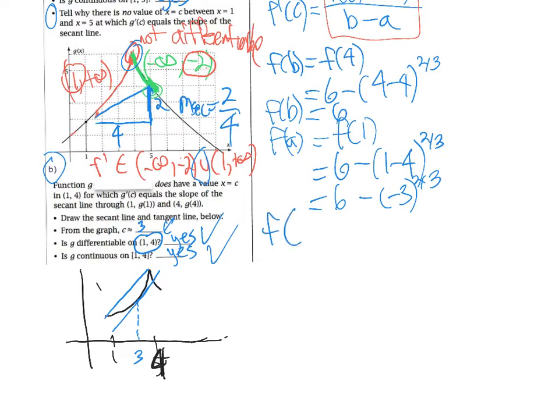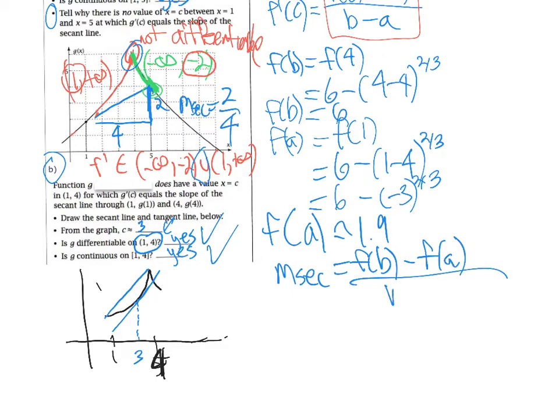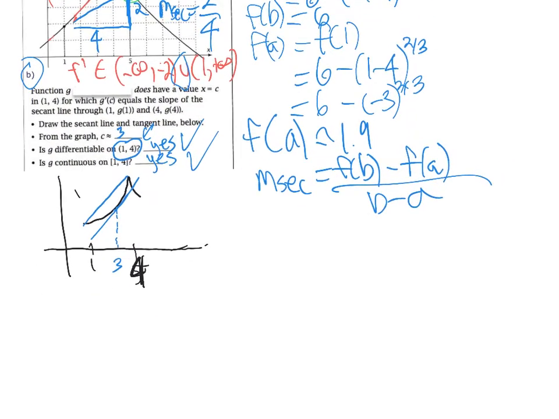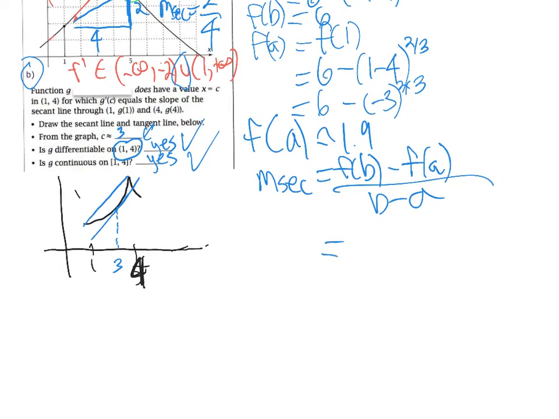So f at A is about 1.9, something like that. And so then the slope of our secant, f at B minus f at A all over B minus A, becomes, remember we just figured it out, 6 minus 1.9 all over 4 minus 1.